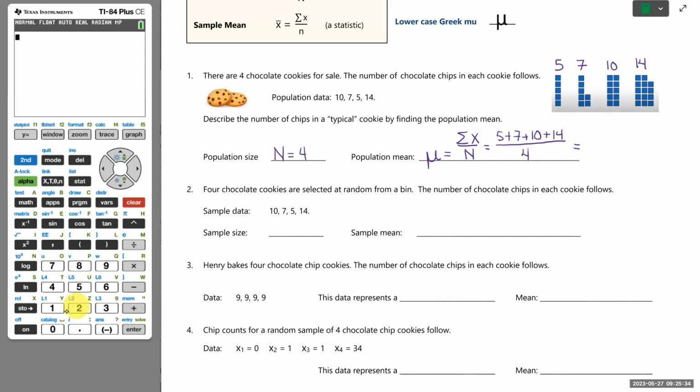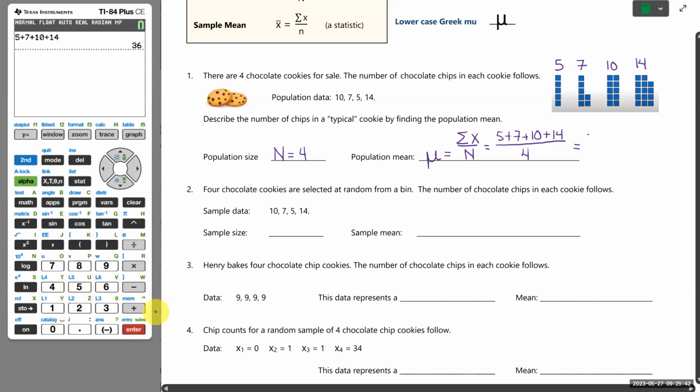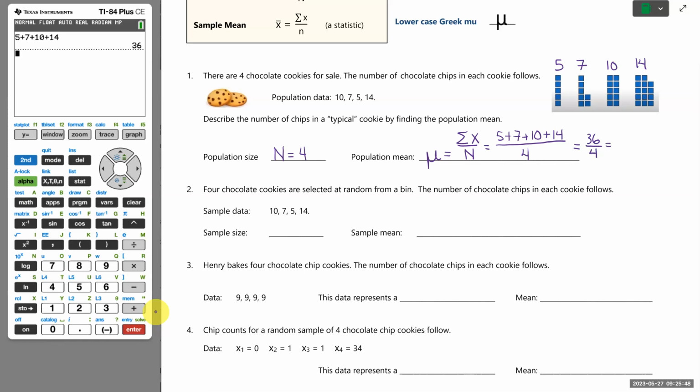So I'm going to head over to my calculator and I'll just type that numerator in, 5 plus 7 plus 10 plus 14. So I'd have a pile of 36 chocolate chips. And if I spread them out equally among those 4 cookies, then I would have an average of 9, and I'll write the units here. This will be 9 chips per cookie on average.